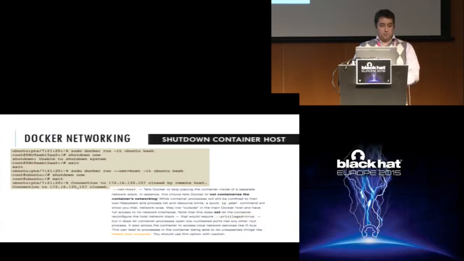But we've certainly seen people in the wild actually do this, where if you configure it wrong and you do host-only networking, suppose there's a compromised container, if you shut down that container, it'll actually shut down the host and all the other containers on it. Even Docker warns you not to do this, but we've seen this in the wild a bunch of times.